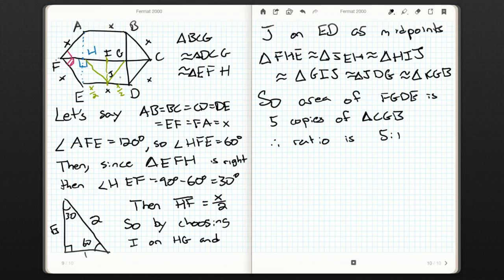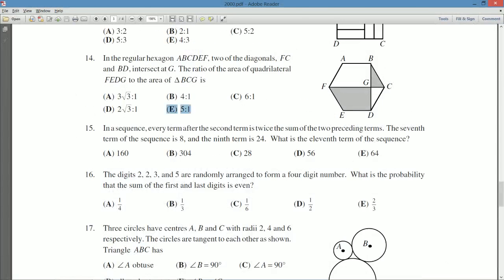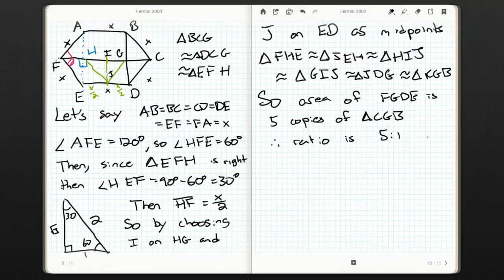We have 5 copies of one triangle compared to a single triangle. 5 copies to 1 copy, it's going to be a ratio of 5 to 1. Okay, and if we look, our last one, E, 5 to 1. Okay, so that's question number 14.